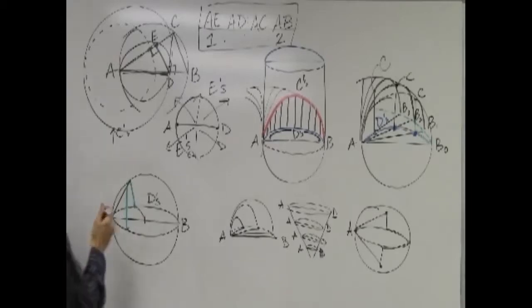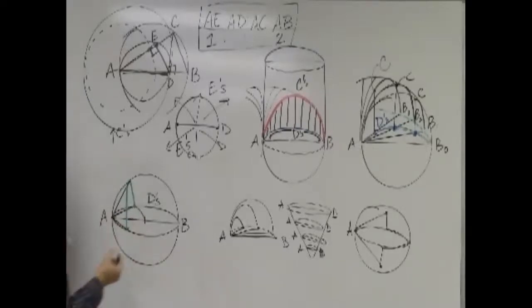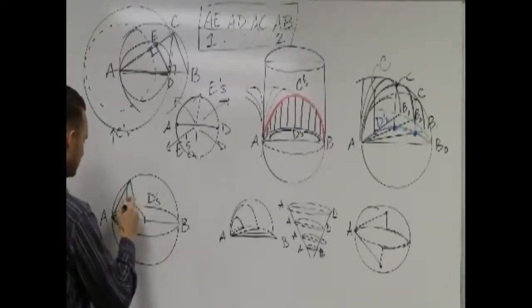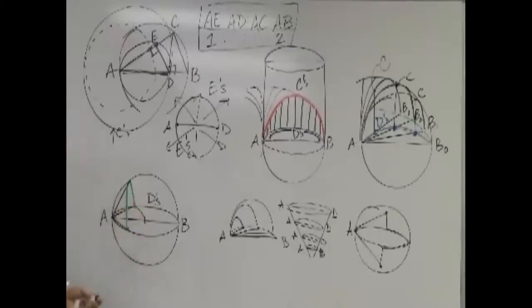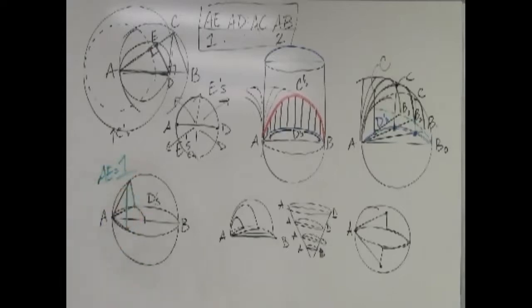So it's kind of like taking this radius, rotating it over to this point where it touches a possible D, and then rotating it around A along the sphere. And everywhere that's green, we know AE equals 1.